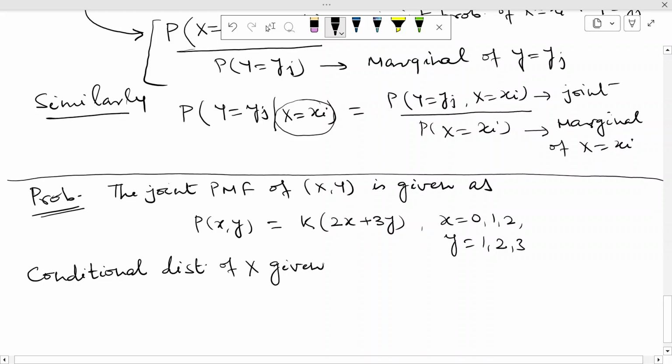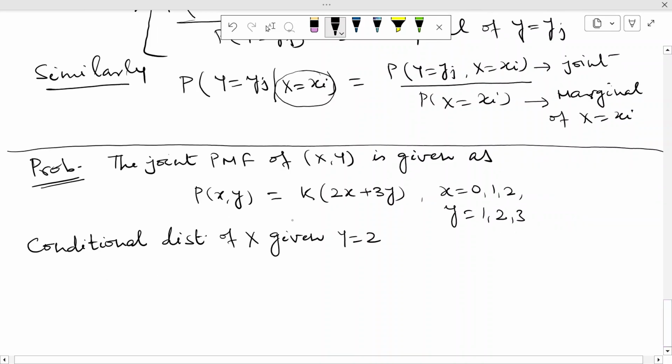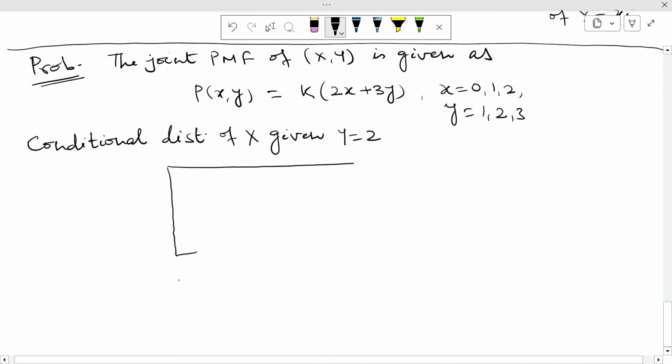Now whenever we are looking for the conditional distribution, we are having some fixed value of the second variable, let's say y is equal to 2. So first of all we have to make the table, or you can say the joint probability distribution of these two random variables. In this table we are having the values of x and y and their joint probabilities.